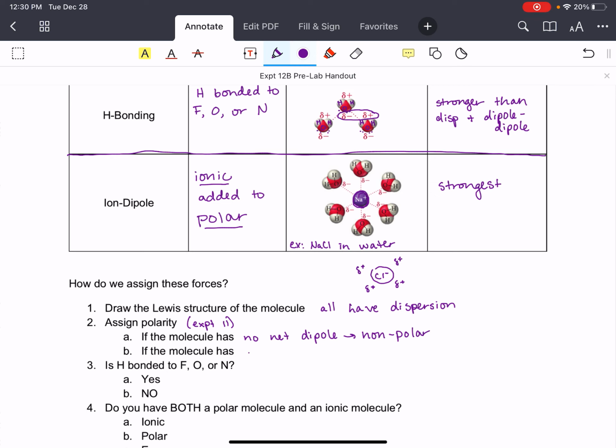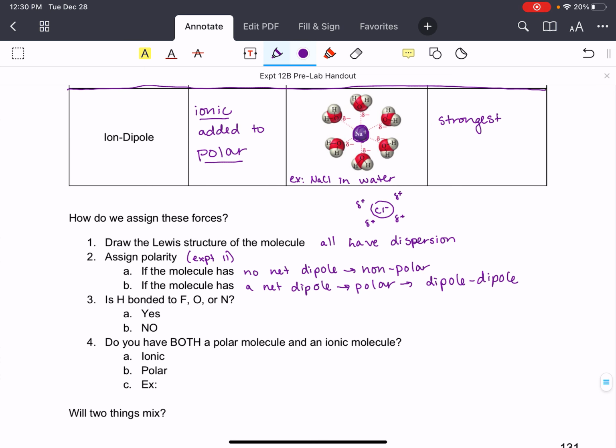If the molecule has a net dipole, then it is a polar molecule and it will experience dipole-dipole attractions with other nearby polar molecules. Then, looking at our structure, we decide: is H bonded to fluorine, oxygen, or nitrogen? If the answer is yes, then our molecule will exhibit hydrogen bonding with nearby molecules of the same kind. If the answer is no, then we will have no H bonding.